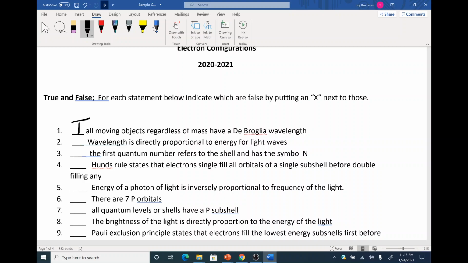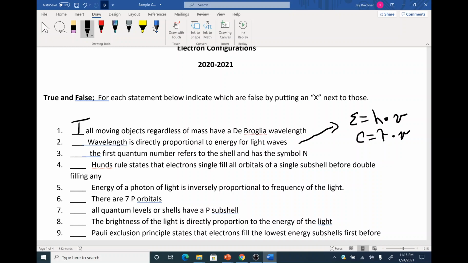Wavelength is directly proportional to energy for light waves. You're like, I don't know. Well, let's figure it out. What are the equations you're supposed to know? You're supposed to know that energy is directly proportional to frequency. Okay, so that doesn't answer anything. We're looking at wavelength. What do we know about wavelength? Wavelength times frequency equals the speed of light. The speed of light is always constant.